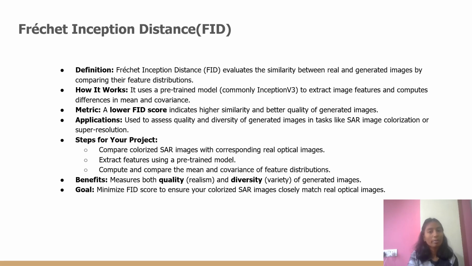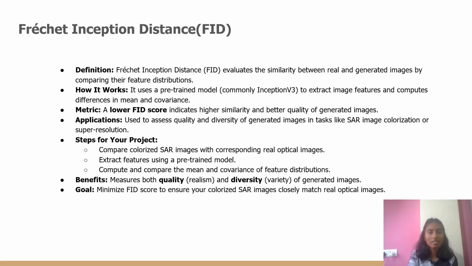It uses a pre-trained model to extract the image features and computes the differences in the mean and the covariance. Basically, a lower FID score indicates that the performance of the model is very high, whereas a high FID score indicates that the performance of the model is a little less. It indicates that there is a close relation between the quality and the FID score.